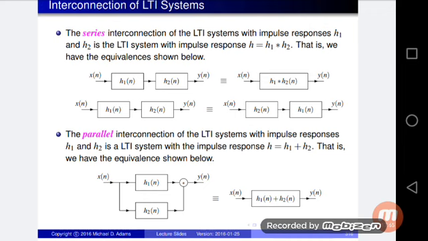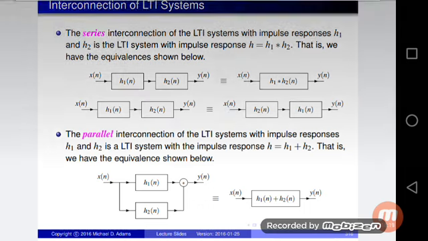At the same time, we are observing the parallel LTI system, h equal to h1 plus h2. x of n is applied at the input side and y of n is obtained at the output side. Here we are using an adder, that's why h equals h1 plus h2.